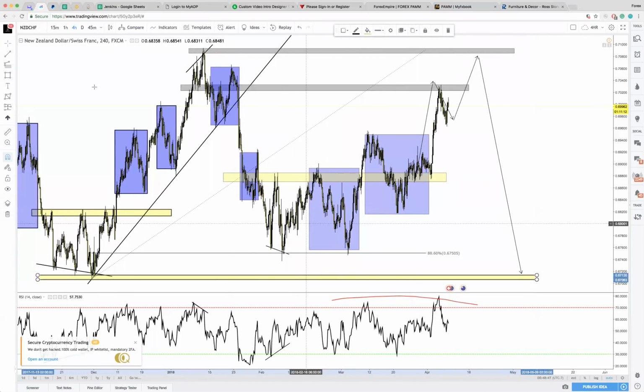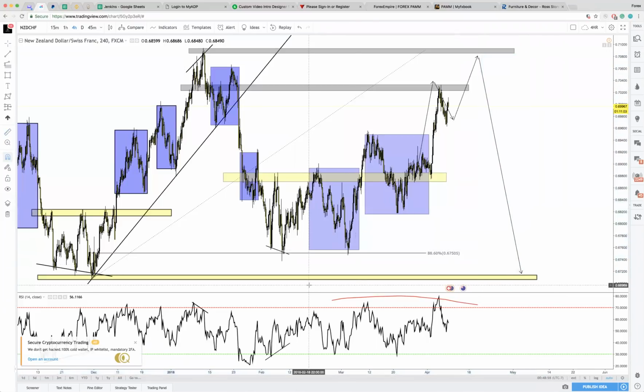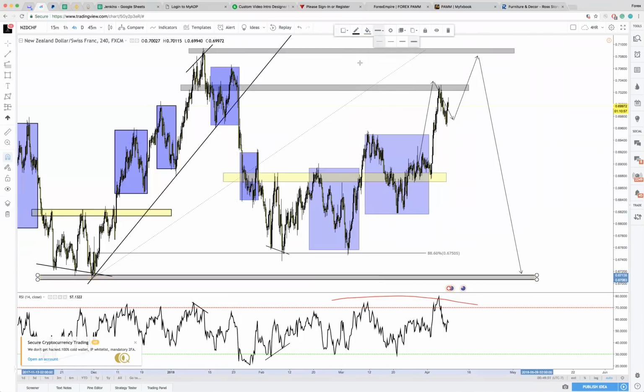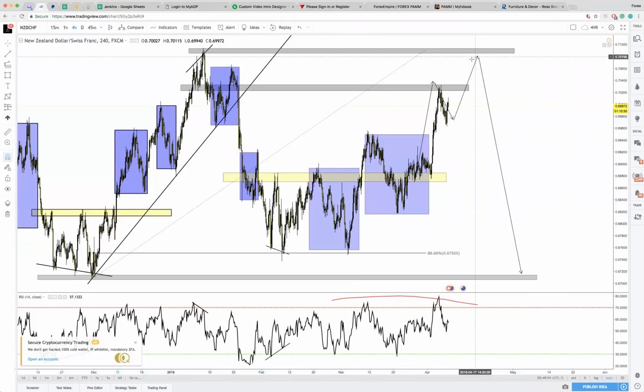How many pips is that? From here to here, that's going to be a nice 370 pips take profit. That's going to be a nice chunk. So make sure to keep an eye on it and wait for that trade to go up there and then trade it, okay? Or you can see it right about there too.